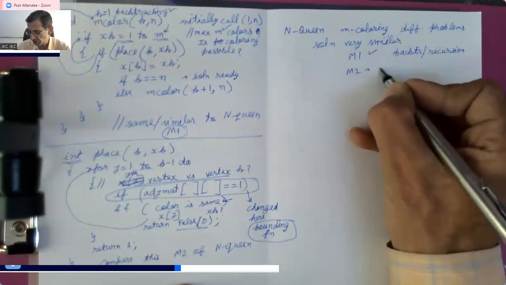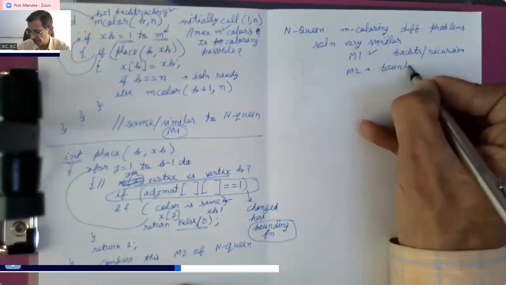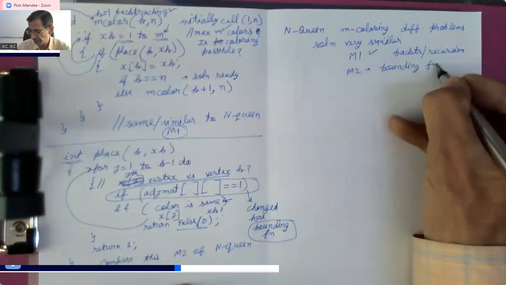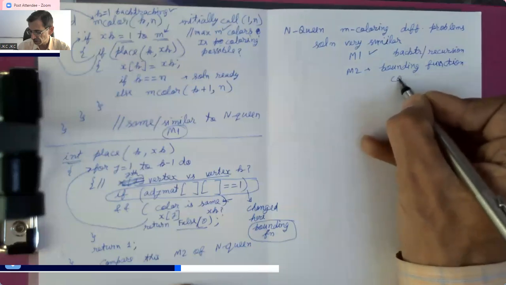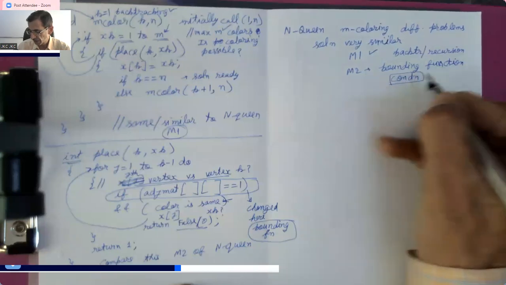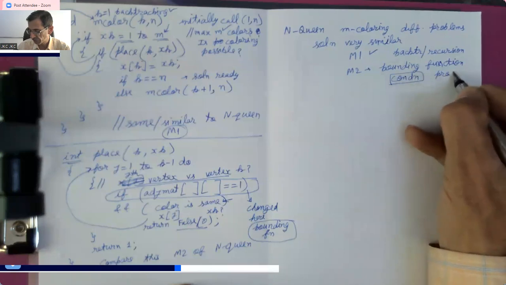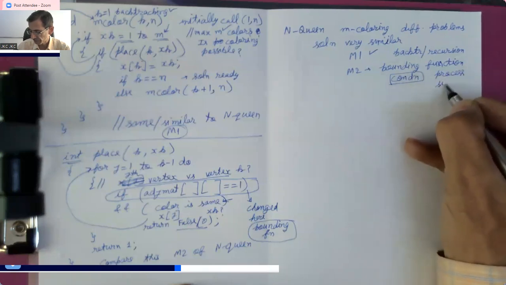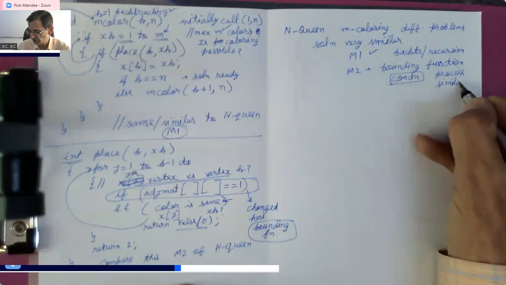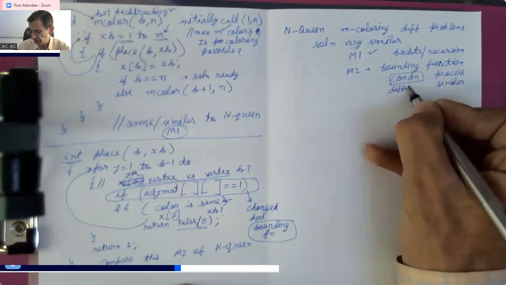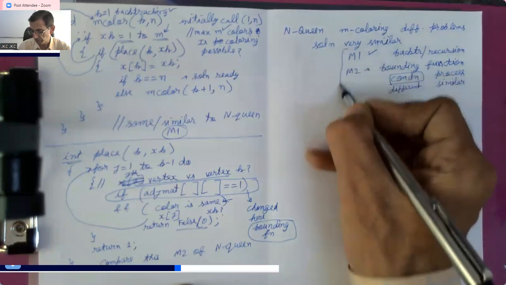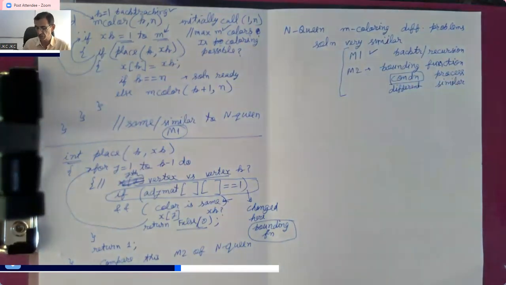M2 will have the bounding function characteristics, and that also will be processed in a similar manner except for the conditions. So only the condition to be checked will be different. The process or logic will be quite similar. Only the conditions on the basis of which the decision is made could be different. So programming becomes such a fantastic way of solving that the same problem got solved without much of an issue.